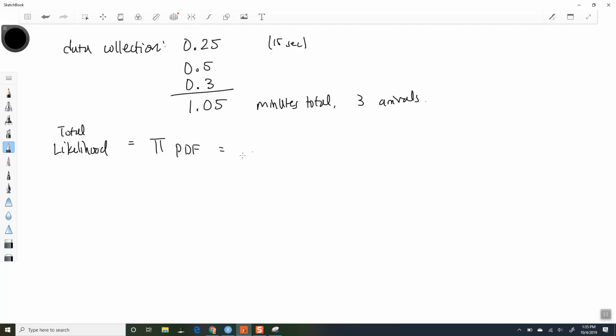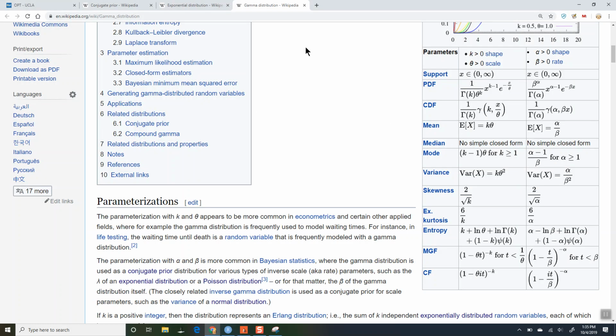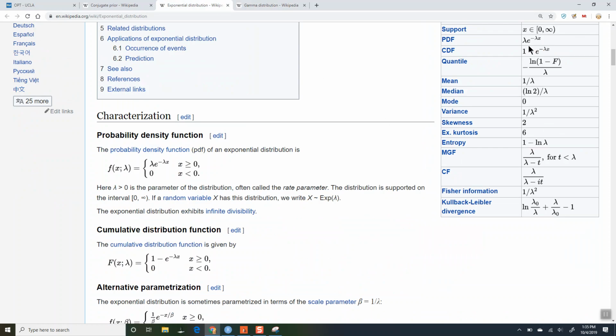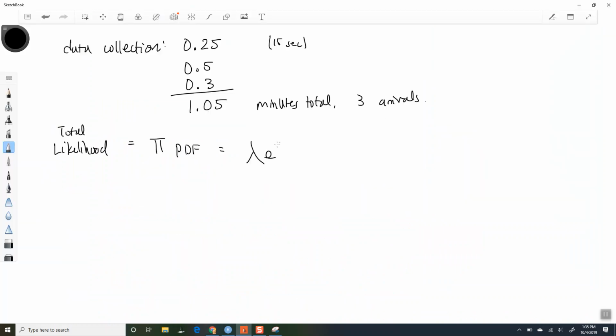So we're going to have lambda e to the negative lambda x for n equals 1 to 3, so x sub n.